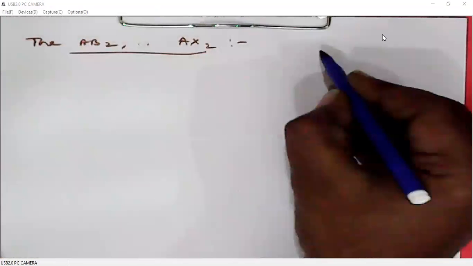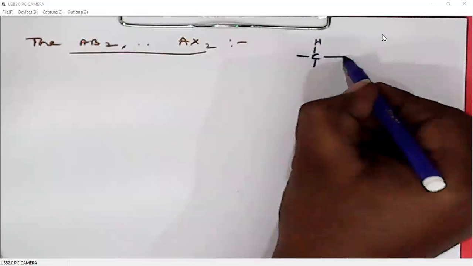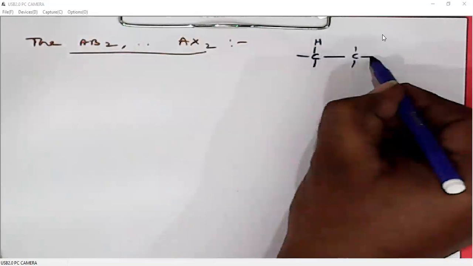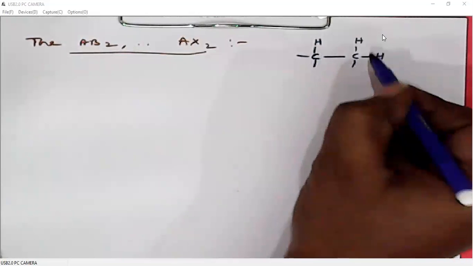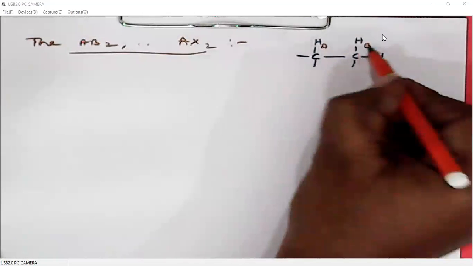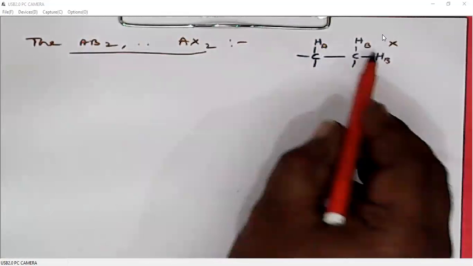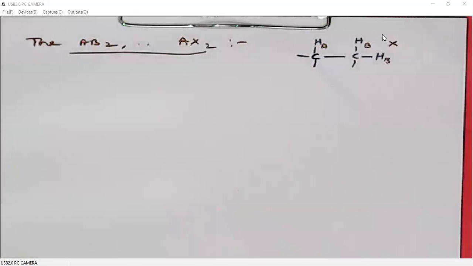That means we have one proton and a carbon, and we have two protons and another carbon. Say then it is A and it is B type, or if it is X type we call it as AX2, if it is B type we call it as AB2, right?